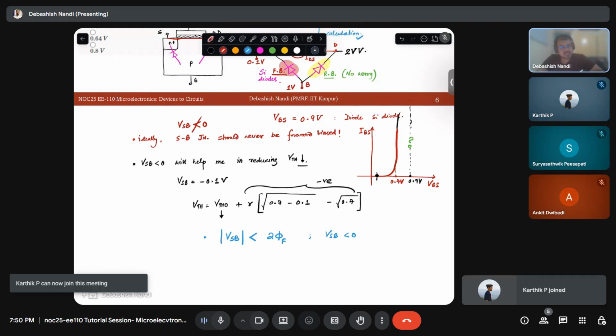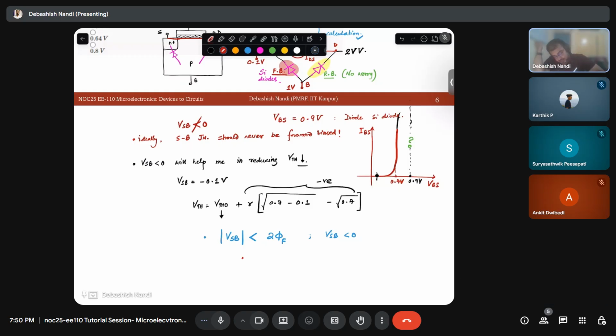So to be on the safer side, what we device engineers generally do, we hard code it, or by thumb rule, your VSB cannot be less than minus ΦF. Okay.